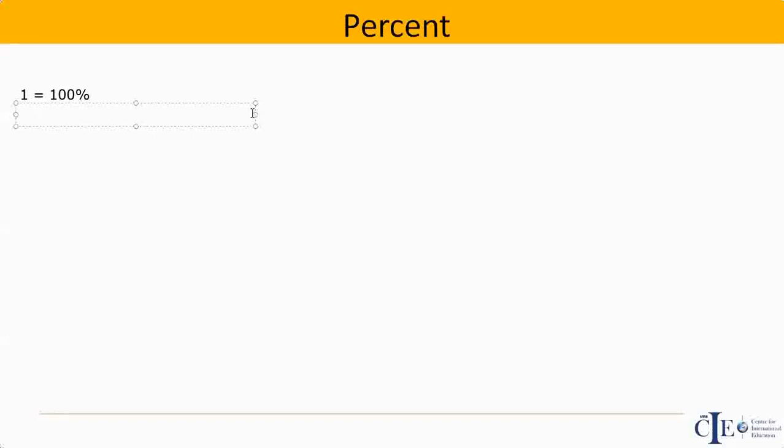Now you can see how it works. If you write x, that x can be written as x into 1. The same thing can be written as x into 100 over 100.